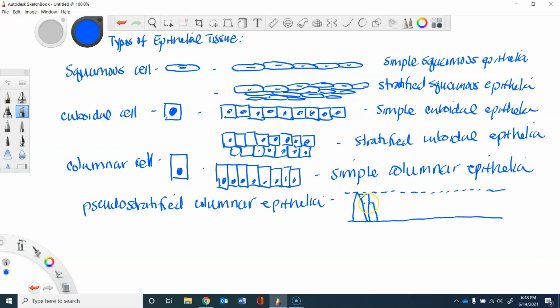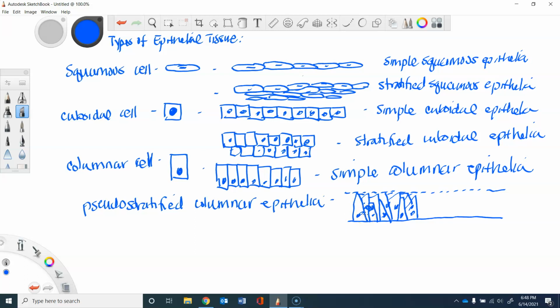It's going to look very layered. It's not easy to draw either. But it's going to look really odd like that. Okay? And the nuclei are going to kind of be all over the place. You're going to see nuclei just everywhere. So that's what gives it that stratified look, but it is not stratified.